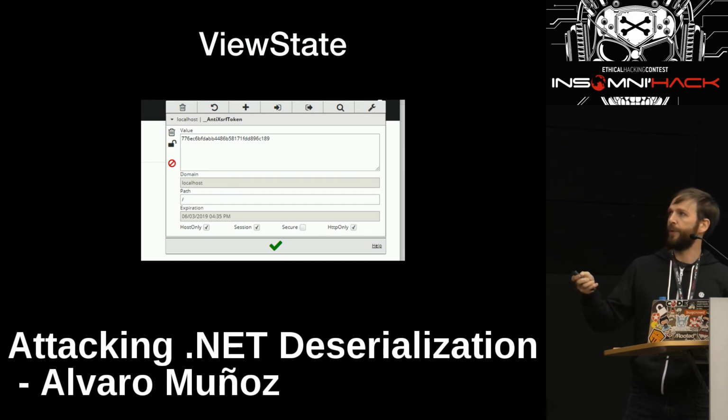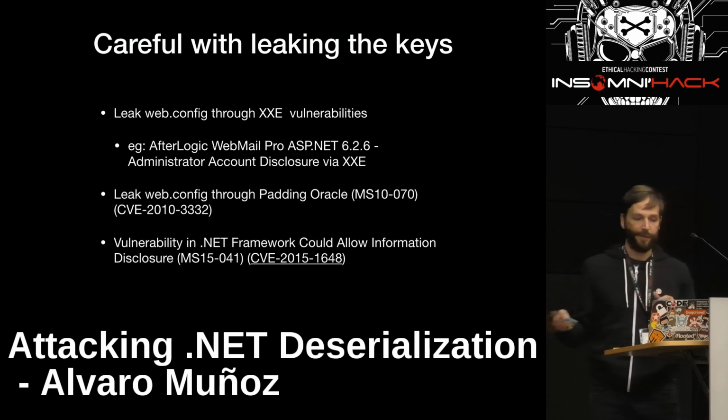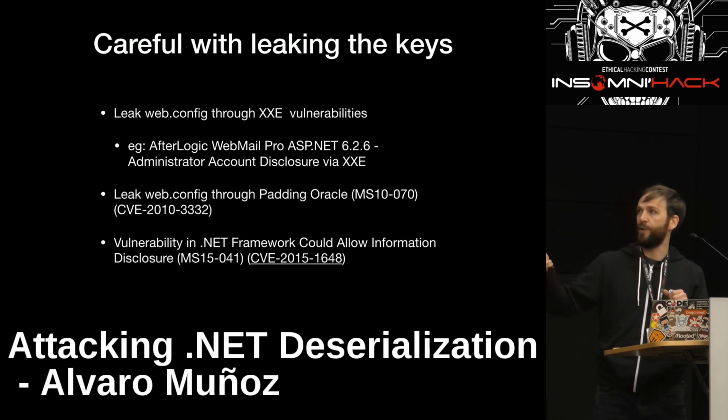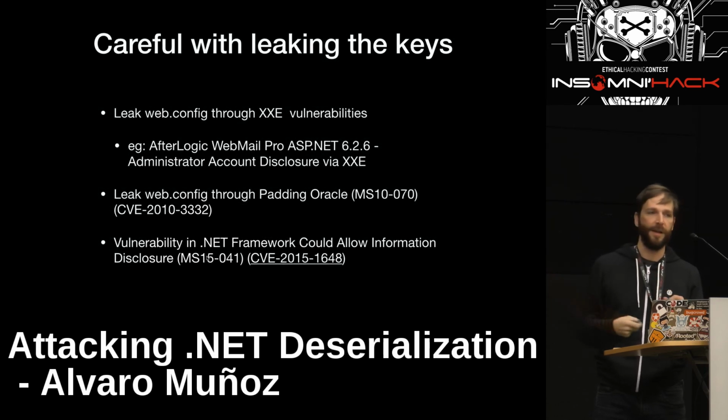This is the key point here. The whole idea of these slides is to remark that you need to be very careful not to leak the keys. How can you leak the keys? Well, if you have an XXE vulnerability, for example, or maybe if you haven't patched these very old CVEs from 2010 and 2015 that allowed users to leak the web config file.